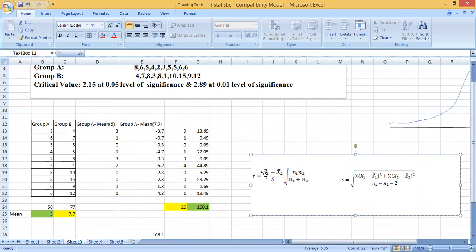So x1 bar and x2 bar you have to calculate.